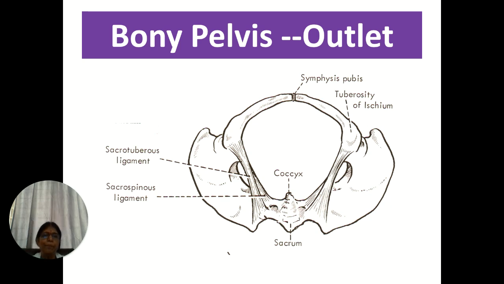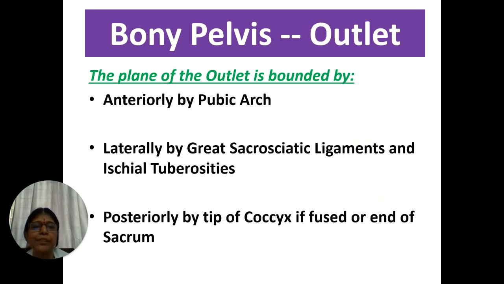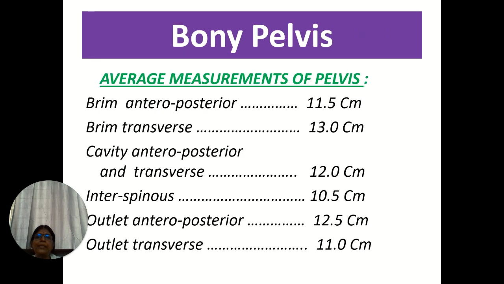Another important diameter at the plane of least pelvic dimensions and the outlet is the posterior sagittal diameter. This is a part of the AP diameter which is lying posterior to the transverse diameter at the ischial spines. The plane is bounded anteriorly by the pubic arch, laterally by the great sacrosciatic ligaments, and posteriorly by the tip of the coccyx or end of the sacrum.